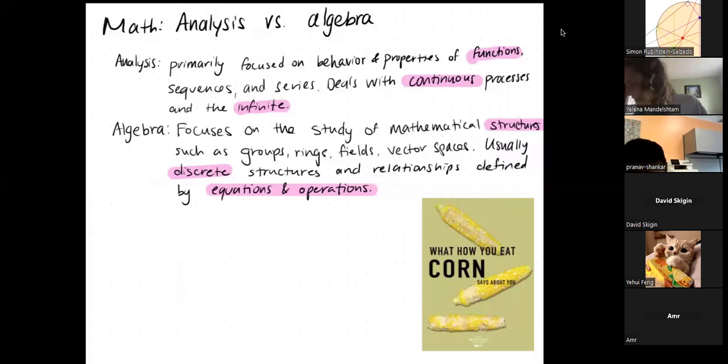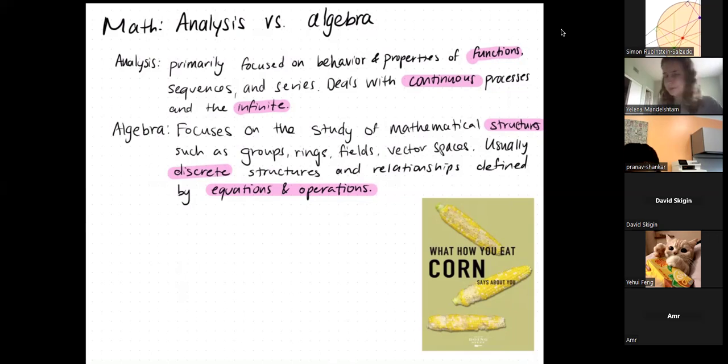If you eat it in rows, like a typewriter, and then eat the next row, apparently that means you're an analyst, and if you eat it in spirals, you're an algebraist. Or I've also heard it said the other way around. I don't know how much truth this has, but apparently it's supported by some anecdotal evidence. If you're interested, you can read more about that. Some mathematicians have written blogs about it.